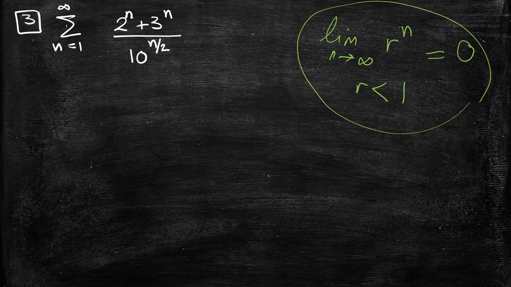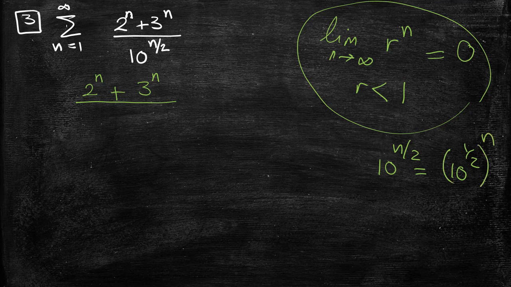So how to do this here? I need to rewrite the term as 2 power n plus 3 power n over 10 power n over 2, which is 10 to the half, all to the power n, which means root 10 to the power n.